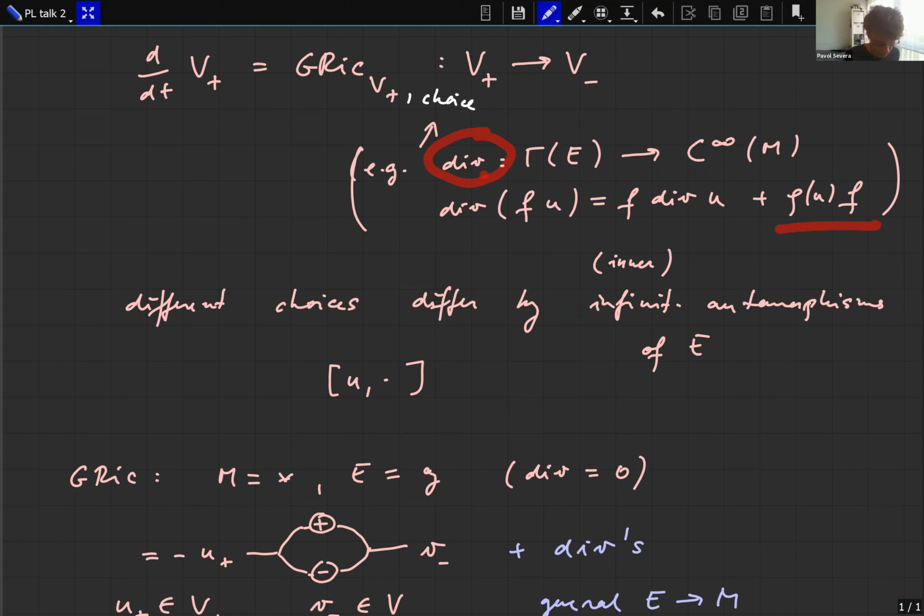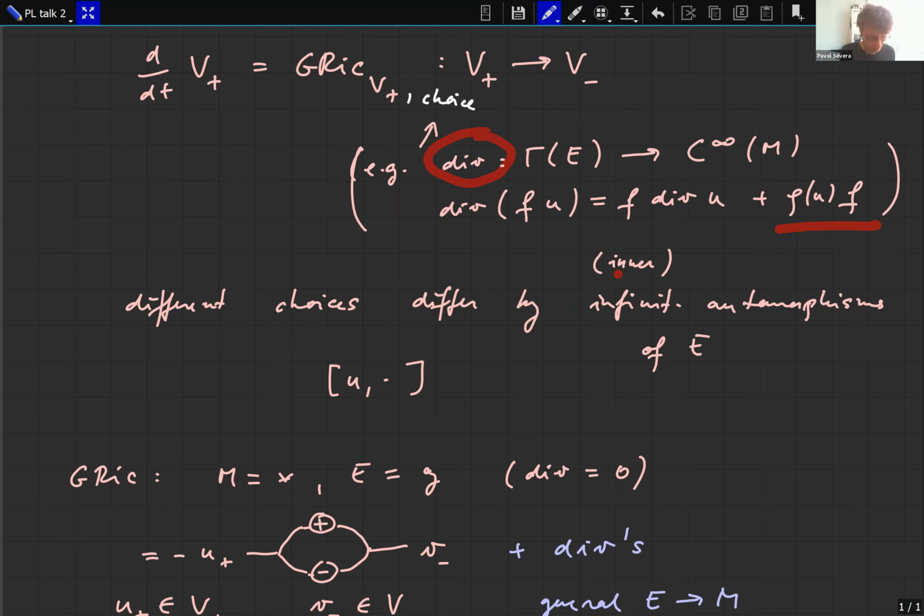So two divergences really differ by two sections of E star, or one can say by two sections of E, because there is a pairing on E. So if you take those two choices, then those two flows will differ by an inner automorphism, which is given by a section of E, right?